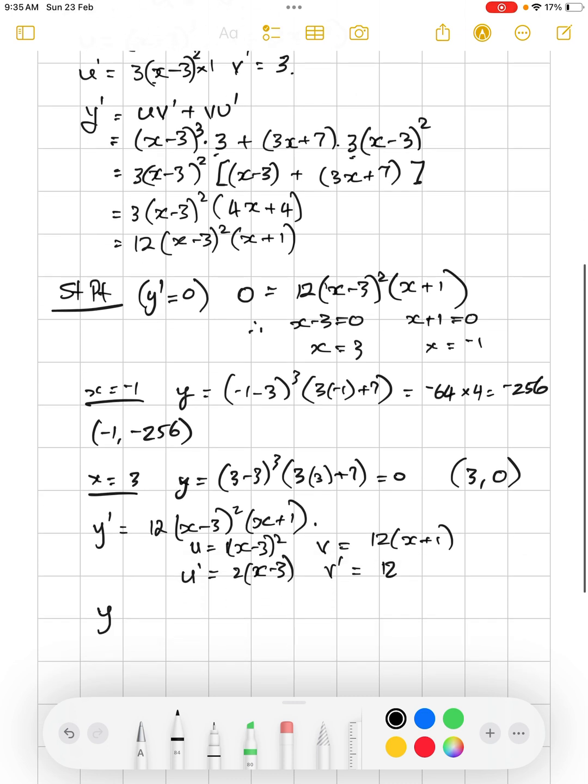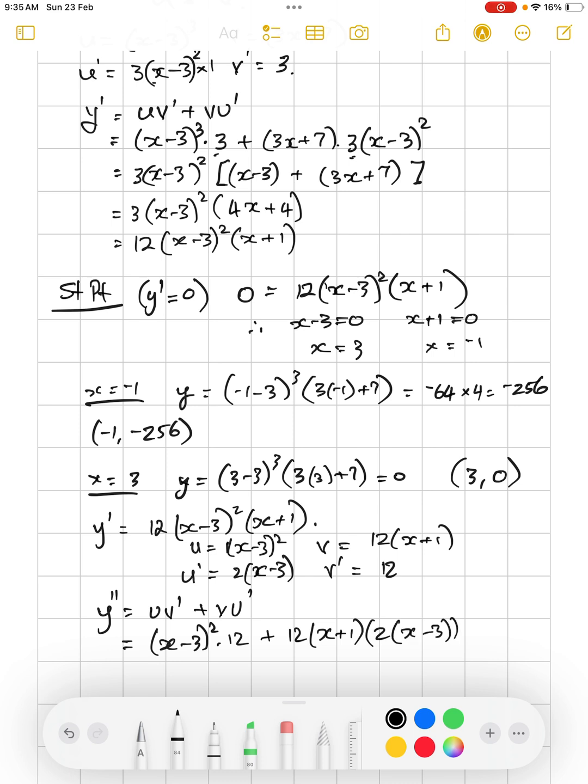Therefore, the second derivative will be uv' plus vu'. So it's (x − 3)² times v', 12, and v is 12(x + 1) times u', which is 2(x − 3).